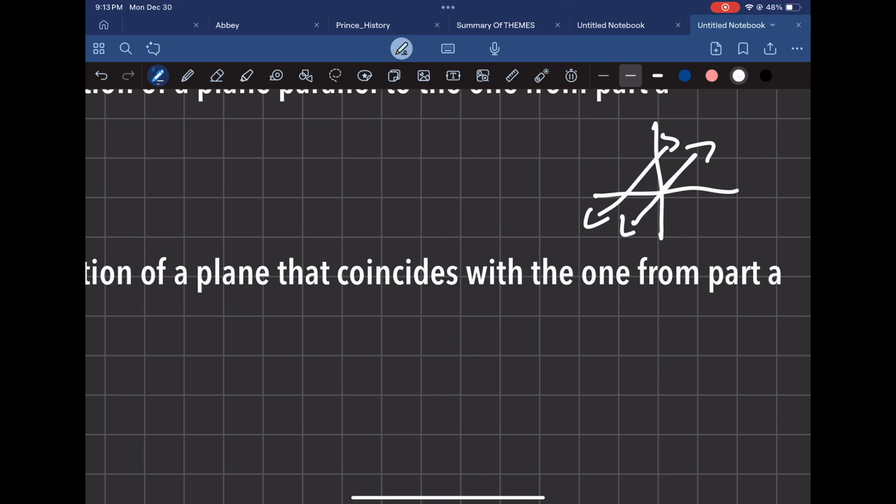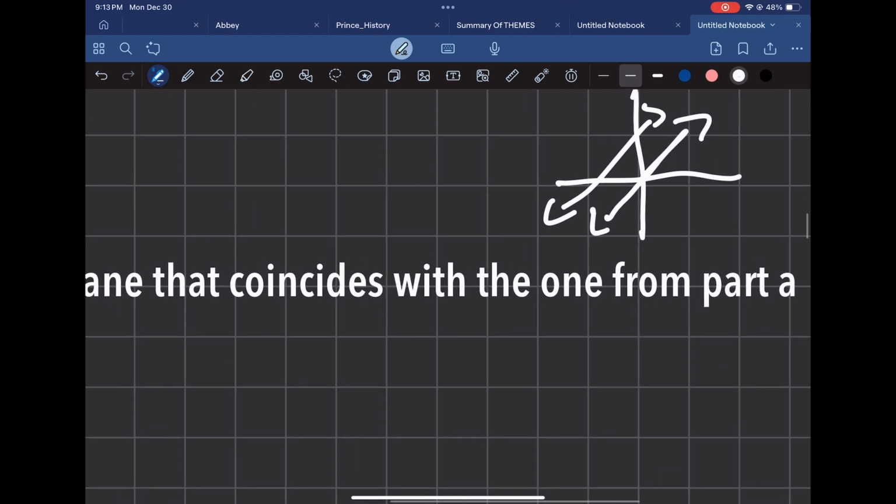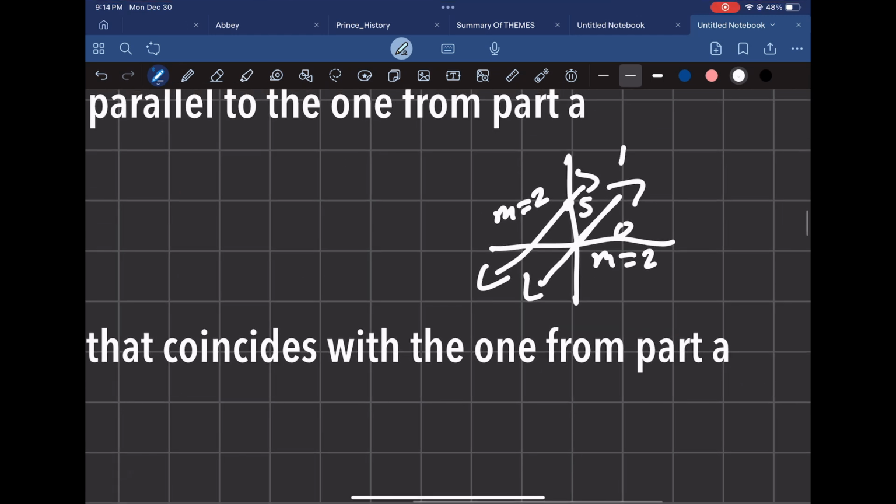So for example, this might have a slope of 2, and this also might have a slope of 2, but this is being shifted up 5, and this is not being shifted up at all. So this might have a b value of 5, and this has a b value of 0.